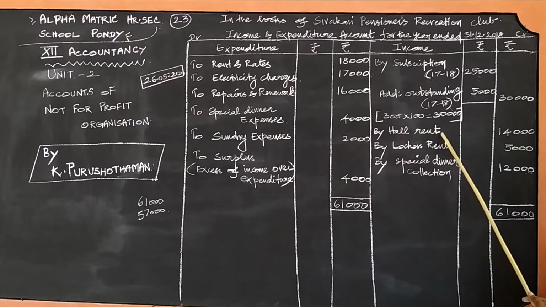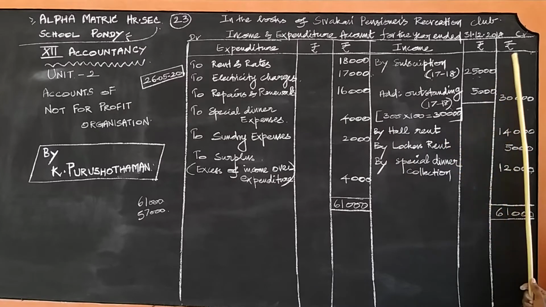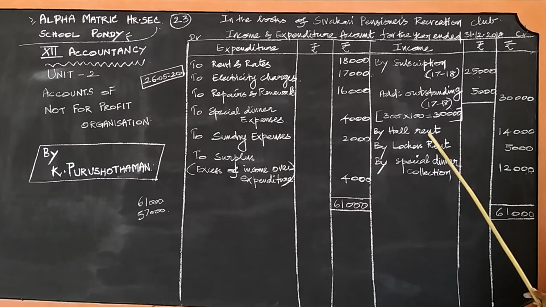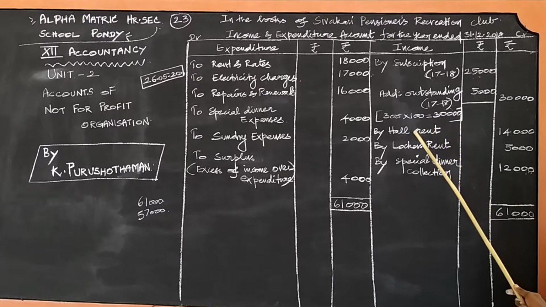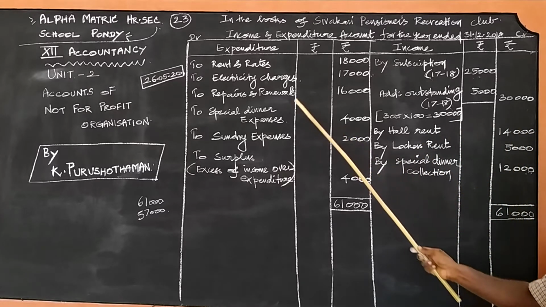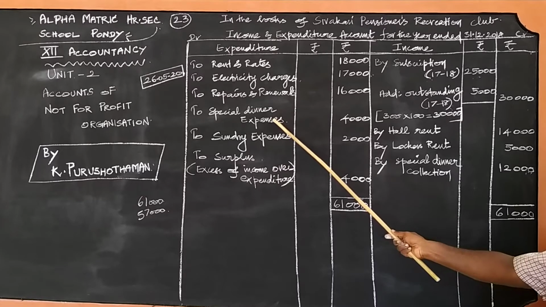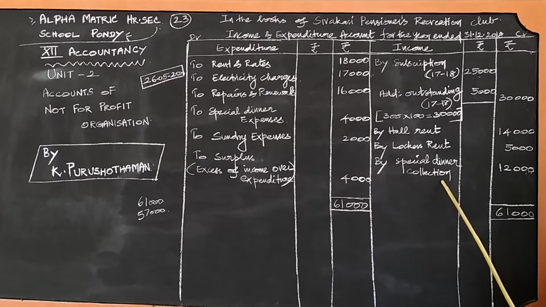And the hall rent it is given, it is an income because the club is owning a hall, therefore the hall rent. And they are maintaining locker also, so locker rent. And the special dinner collection must have been made, from this collection only these expenses are made. Since this collection is a receipt, it is written on the income side.